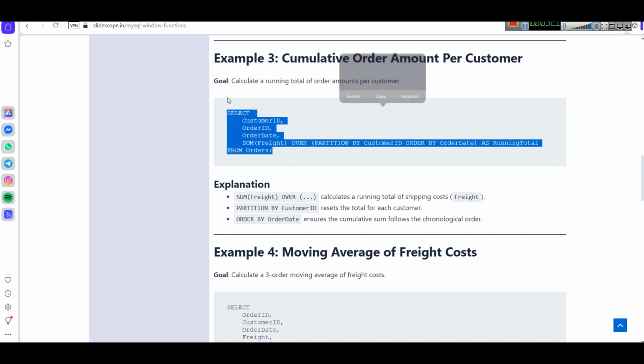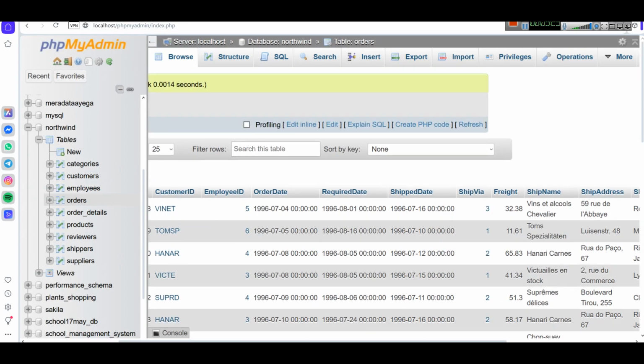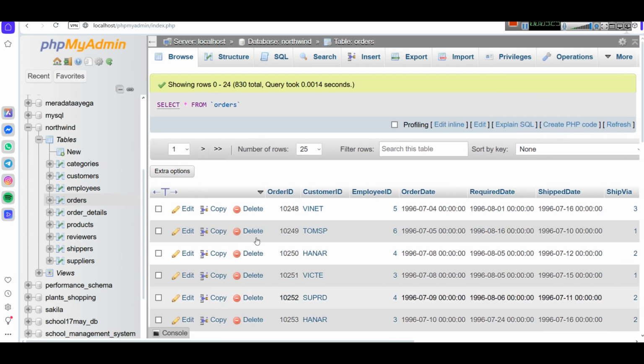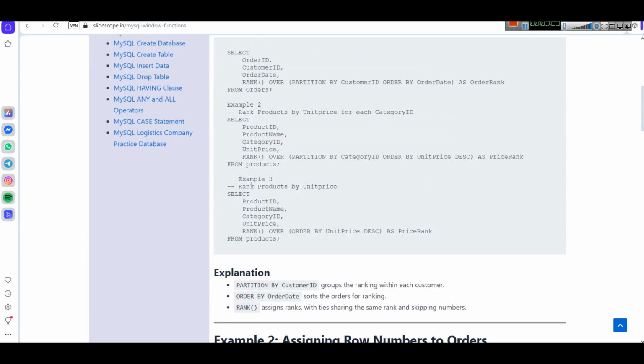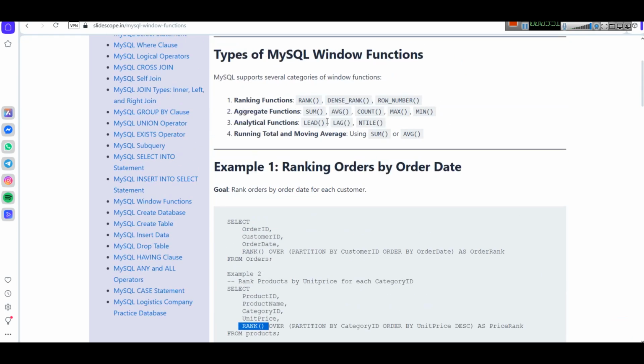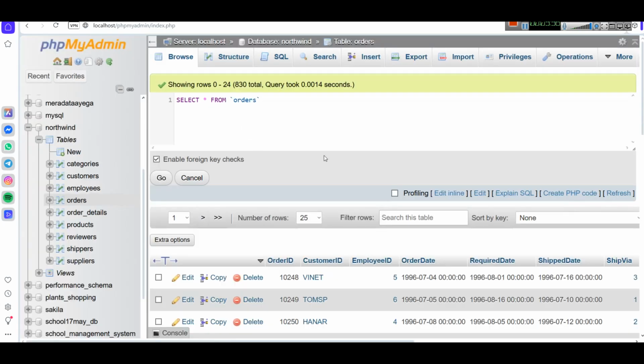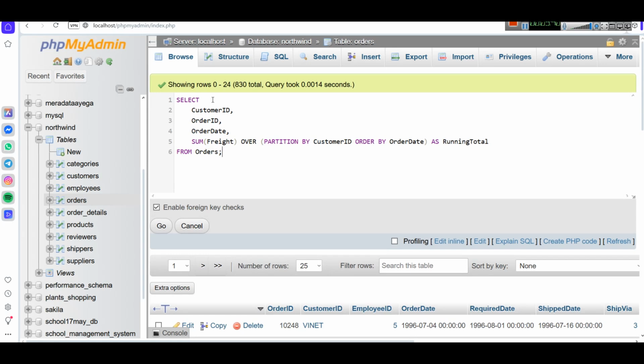Here also the command is very simple. The only thing that has changed is that in the previous part we used rank, dense rank, or row number functions, and here we are using sum. First we will select customer ID, order ID, and order date.